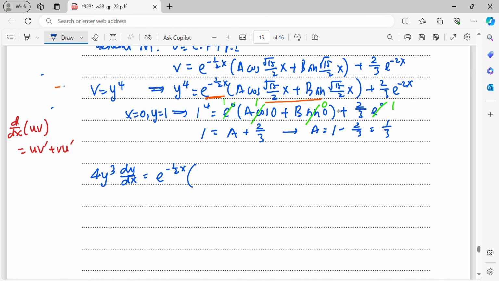Differentiate a cos, you will get minus a square root 15 over 2 sine square root 15 over 2 x plus b sine, differentiate sine is cos. So bring out the square root 15 over 2. That is this result. Then you rewrite the whole bracket.